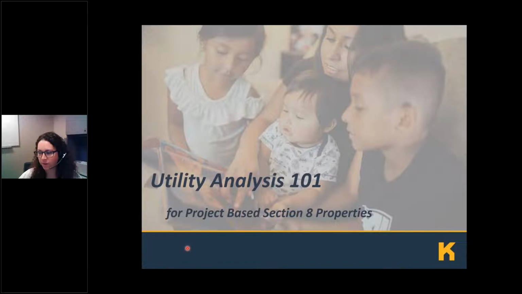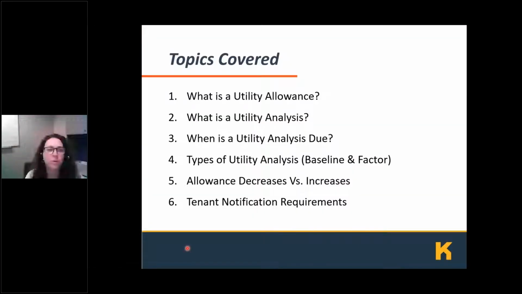There we go. Okay, for today, we're going to talk about several things. We're going to define what a utility allowance is, what a utility analysis is, when it's due. We will talk in detail about the 2 different types. There's a baseline and a factor. We'll talk about what happens when the allowance decreases, what happens when it increases, and then tenant notification requirements.